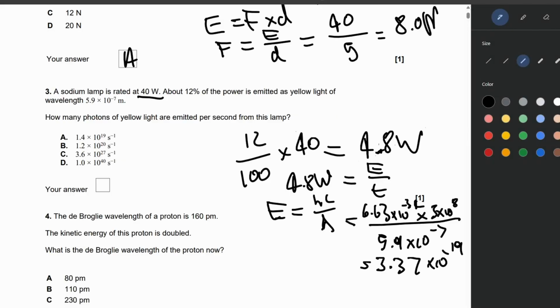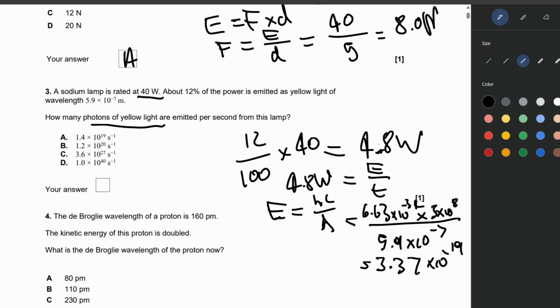I'm not overcomplicating this. We can find out. 4.8 watts, right? It's got a wavelength. 12% of it. The light has a wavelength. How many photons of yellow light are emitted per second from this lamp?